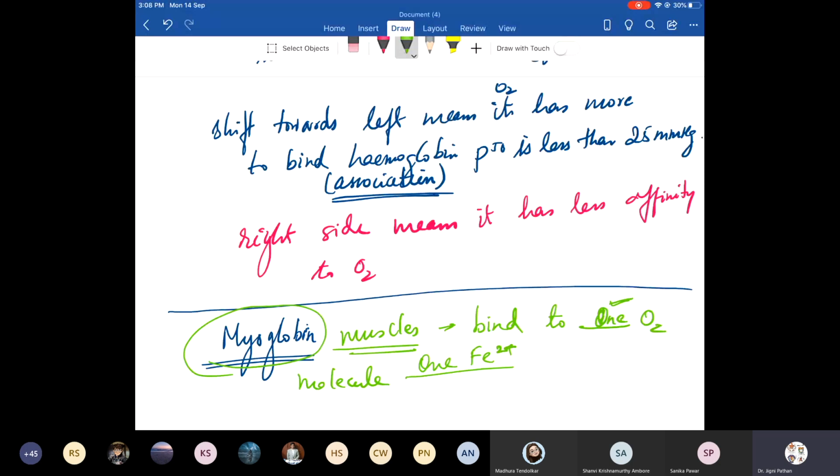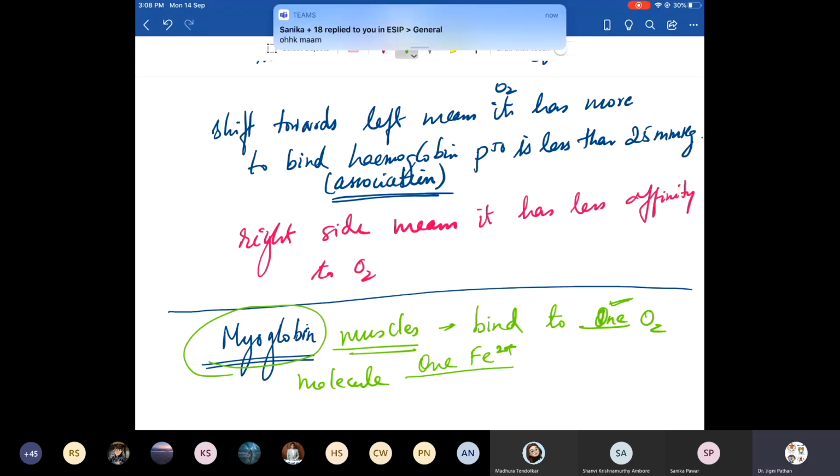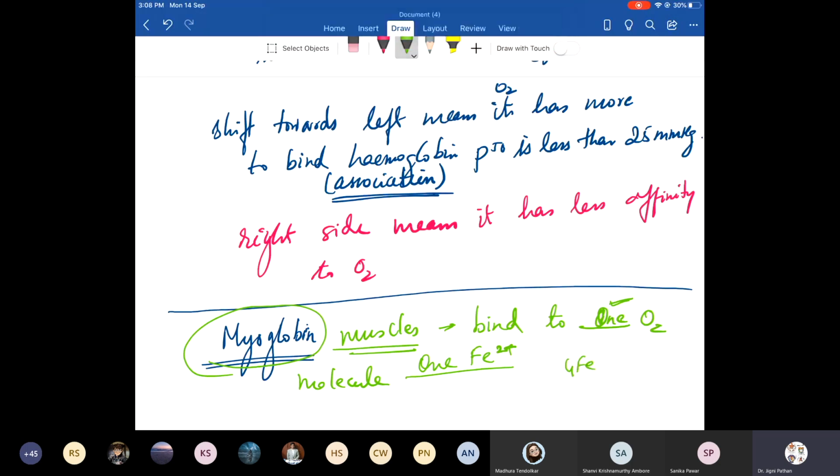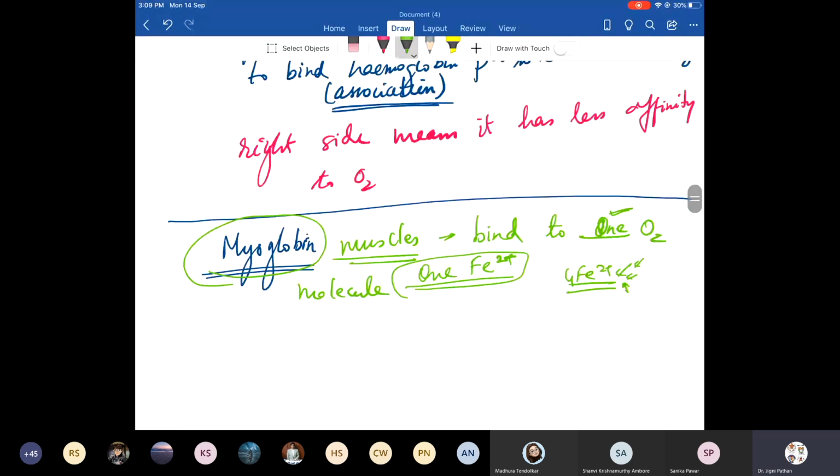Is this point clear to everyone? I have told you, in hemoglobin there are 4 Fe atoms, so oxygen will bind to each Fe. Same way here, there is one Fe, which leads to binding of one oxygen molecule. Very important question for your medical exams.